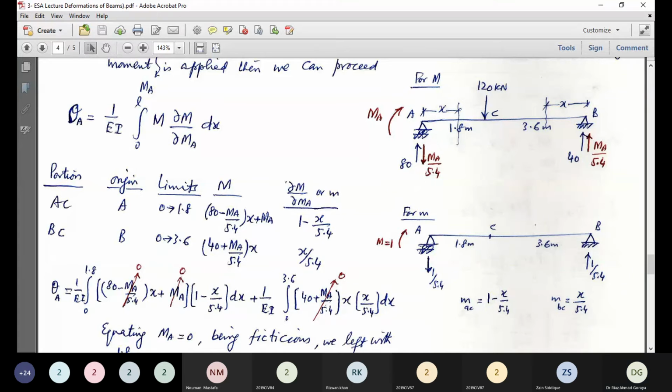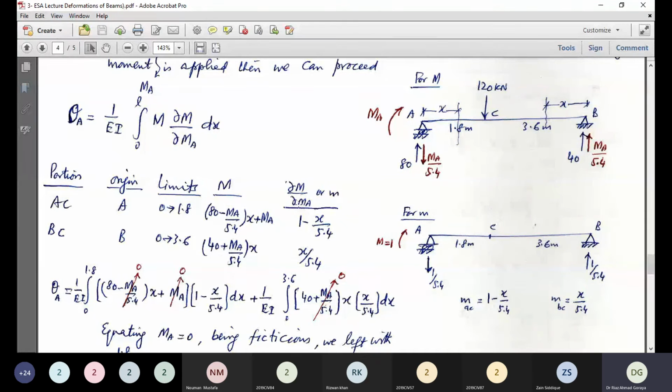This one, MA plus 80 minus MA over 5.4 into X. Similarly, for portion BC, it will be 40 plus MA over 5.4 into X.